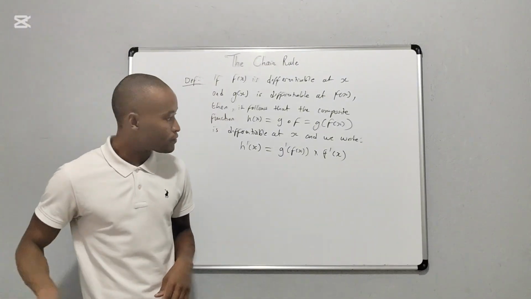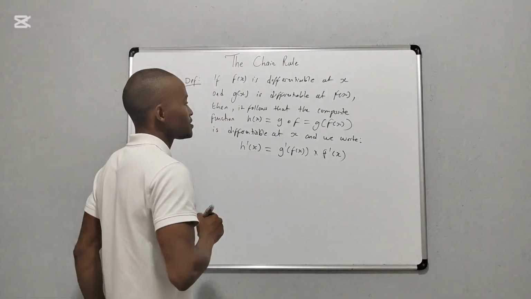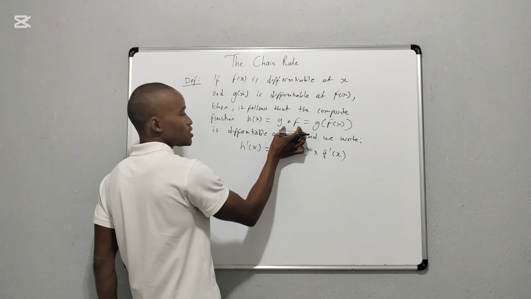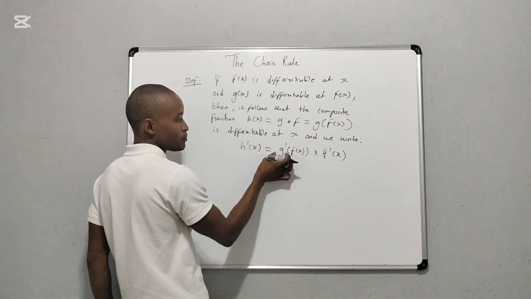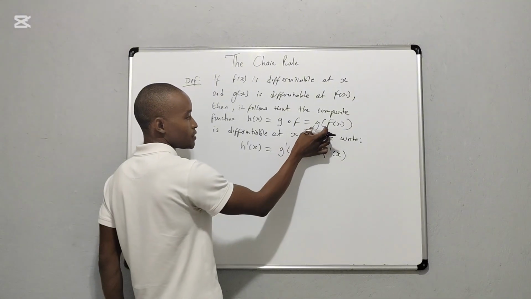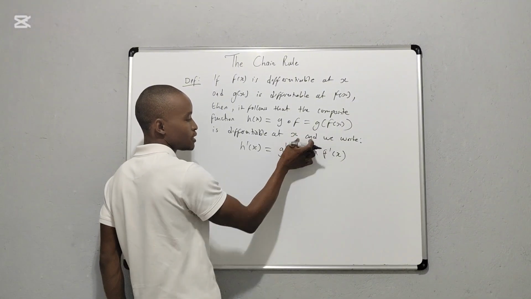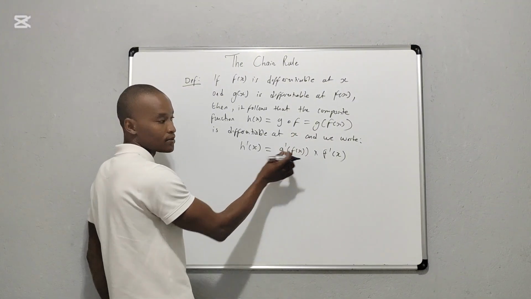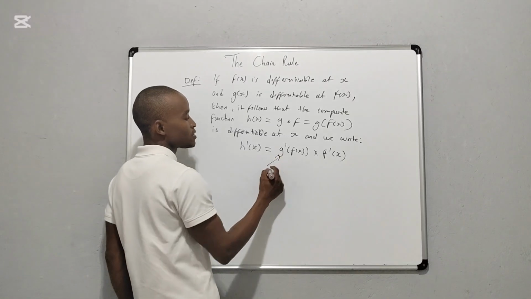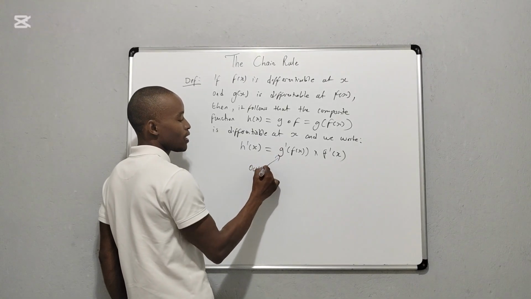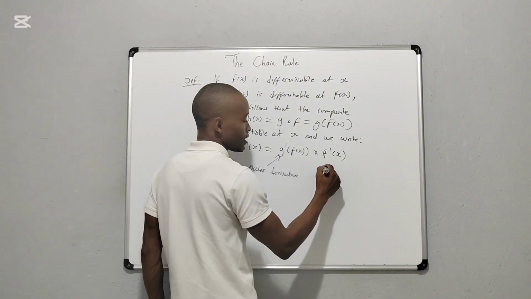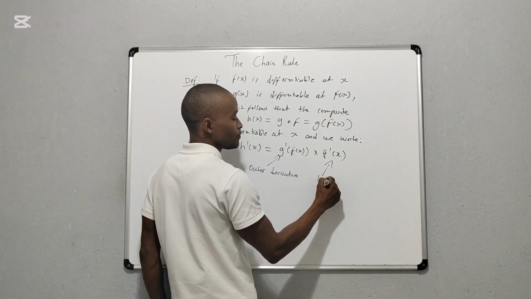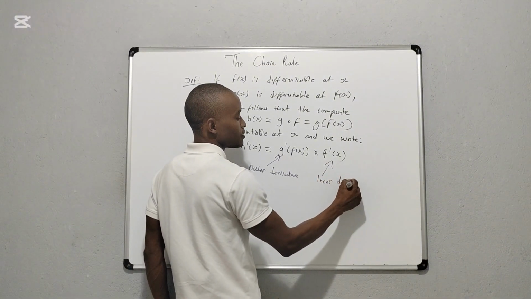So what we have here is a composition of functions, and therefore we end up with an outer term and an inner term. In this case, an outer function and an inner function. All right, so this is our outer derivative, and this is our inner derivative.